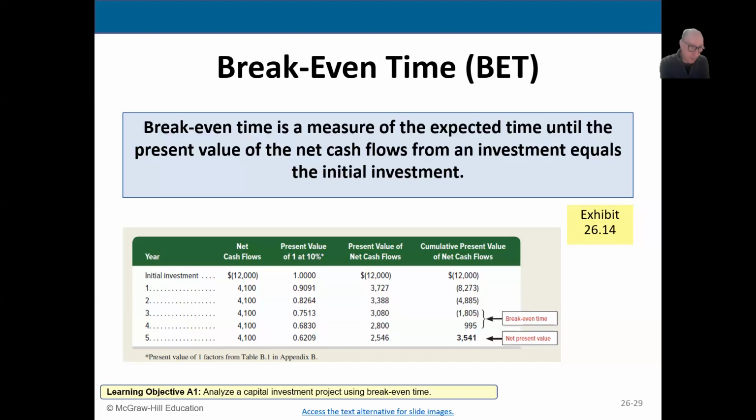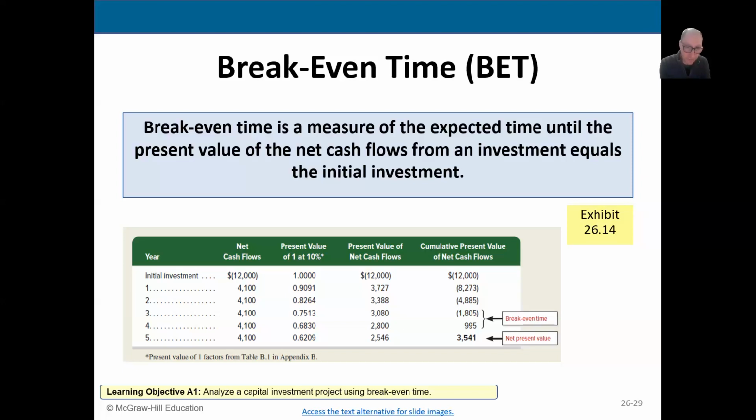Okay, here we go. Here's an example. Break even in time. How long it takes. I bought a piece of machinery for $12,000. So the initial outlay in cash is $12,000. 10% investment, 5 years.